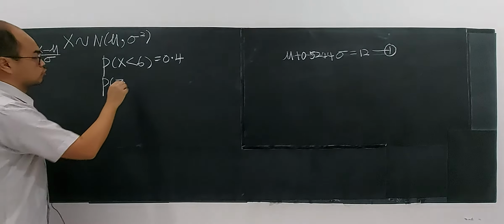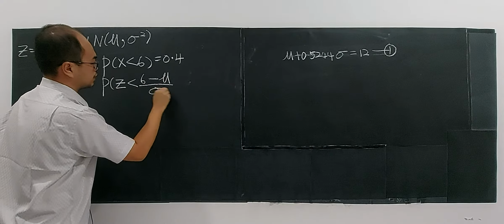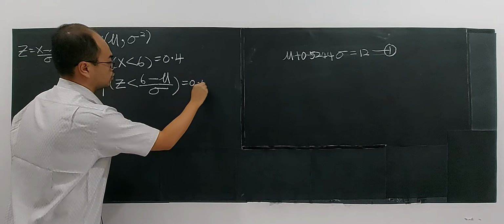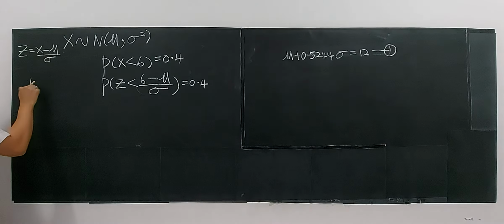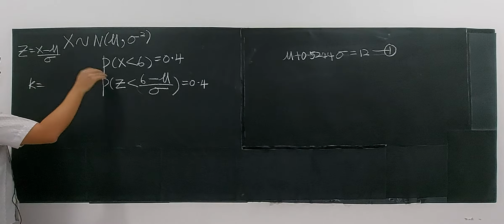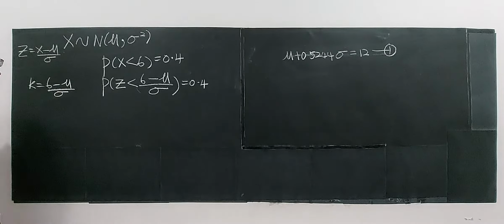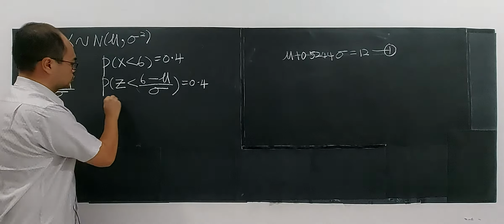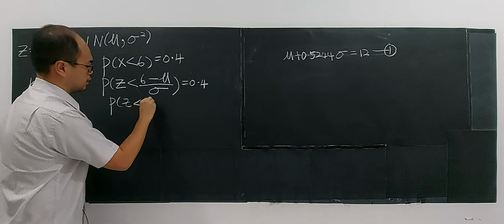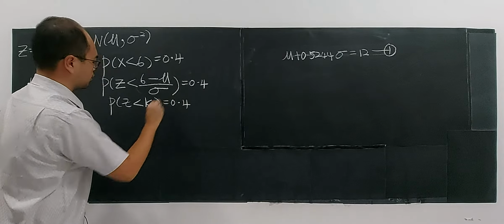So we write 6 minus the mean divided by the standard deviation, which I again let be k, another k for this step. The k is just a variable to help me solve this problem. So P(Z less than k) is 0.4.